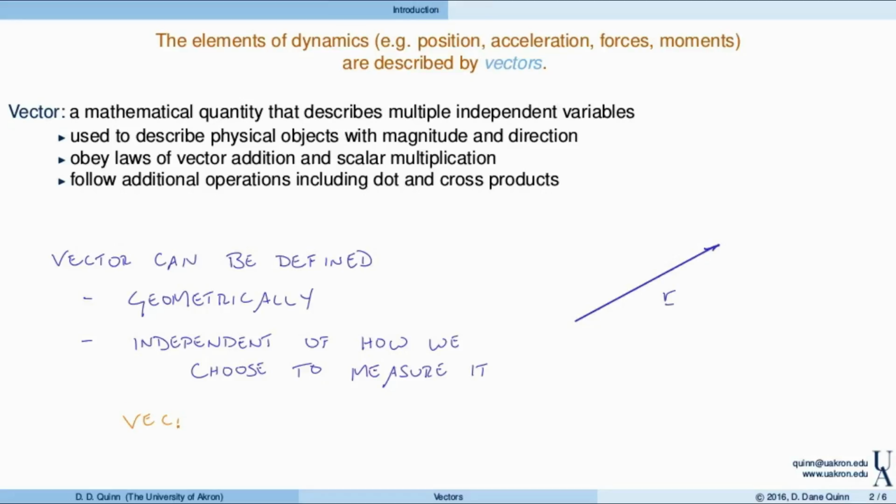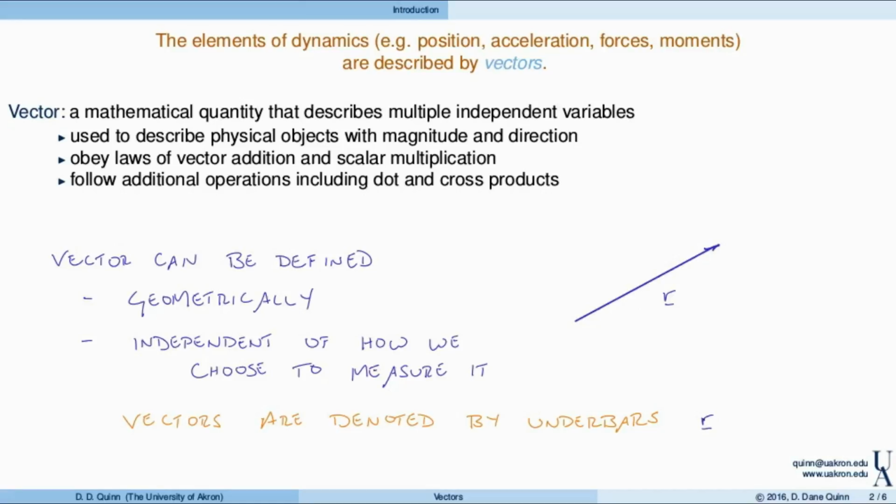Now just a little bit of notation. Vectors are denoted in these notes with underbars. So if you look at the label here, we have a little bar that is underneath the letter R. So R is the name of the vector, and we always add a little underbar to denote that R is a vector.